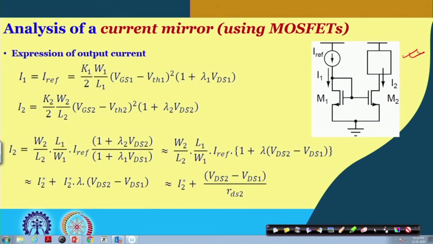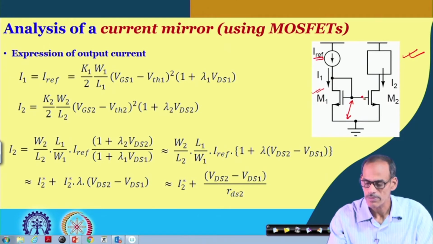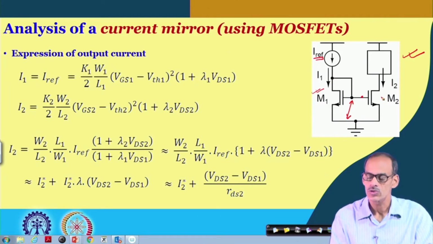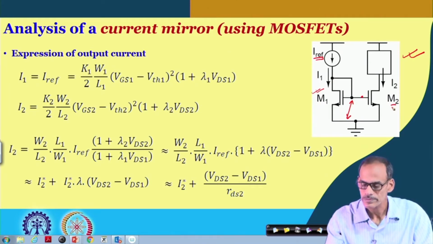As I said, it has a reference current I ref, and then we have transistor 1 here, which is diode connected, and it develops a voltage VGS, which is supplied to the gate to source of transistor 2.